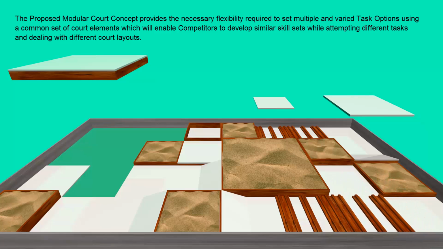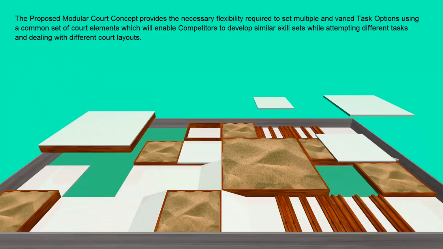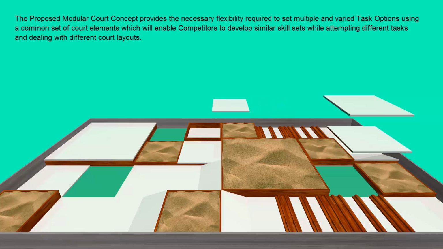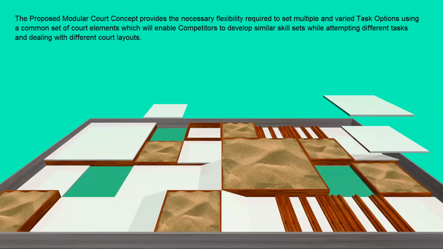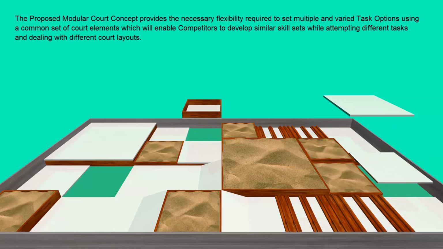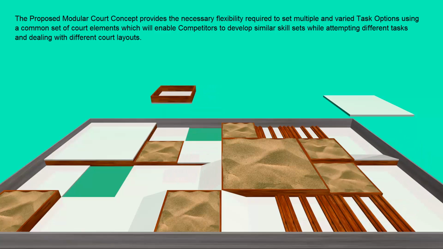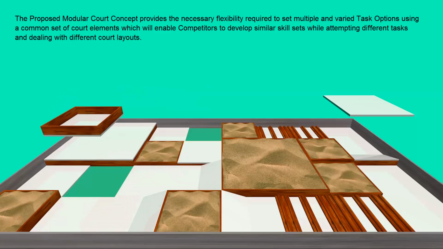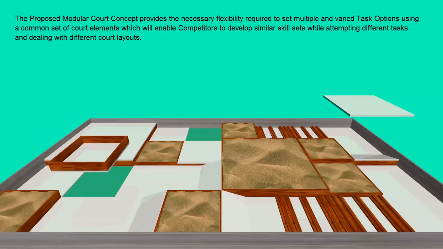The proposed modular court concept provides the necessary flexibility required to set multiple and varied task options using a common set of court elements, which will enable competitors to develop similar skill sets while attempting different tasks and dealing with different court layouts.